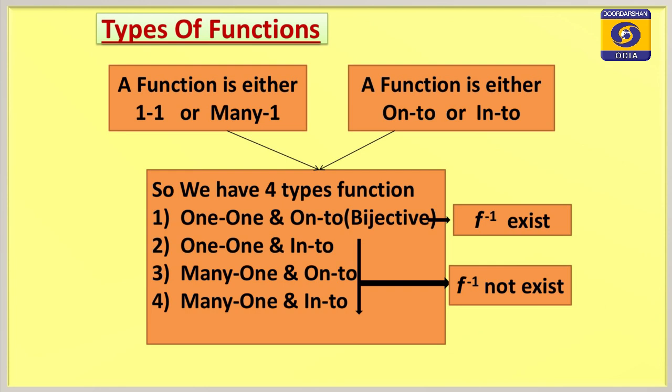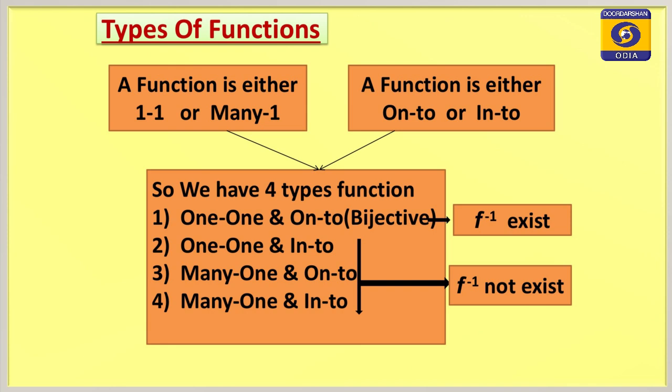Now, if we combine these two, then we have 4 possibilities. A function is of 4 types. 1-1 function is also known as injective, onto function is surjective, so 1-1 onto is bijective, and the other 3 functions are 1-1 and into, many-1 and onto, many-1 and into.